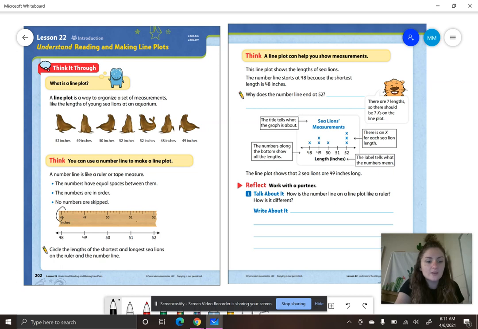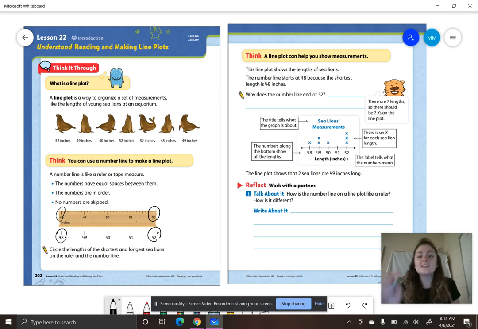So let's circle 48, and we will circle 48. And the longest, let's look back at our sea lions. The longest length is going to be 52 inches. So our line plot is going to go from 48 to 52. Now remember, it's going to go in number order.